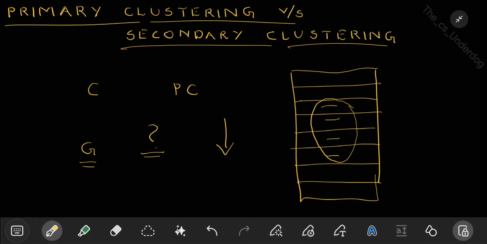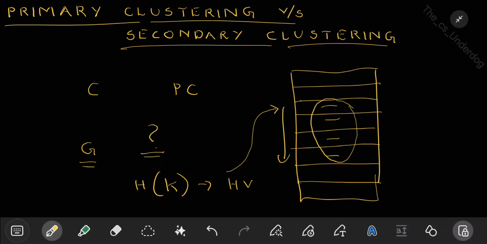The reason is, if you have any key, what will you generally do? You will use a hash function and generate a hash value. Once you have the hash value, you will map it to this table. What happens if you happen to map to any of these blocks? You will not be able to put this value into that block because it is already occupied.